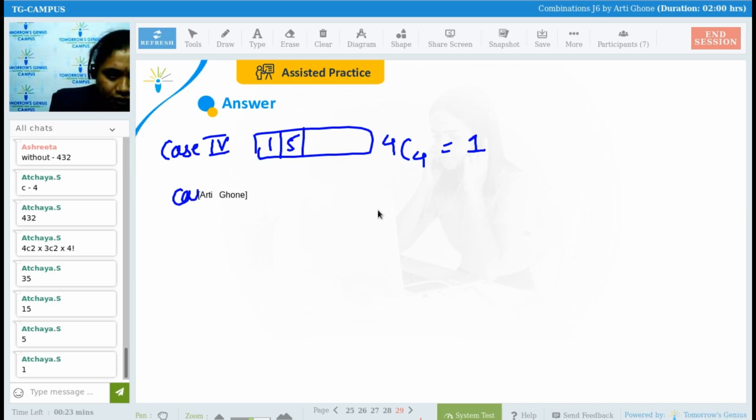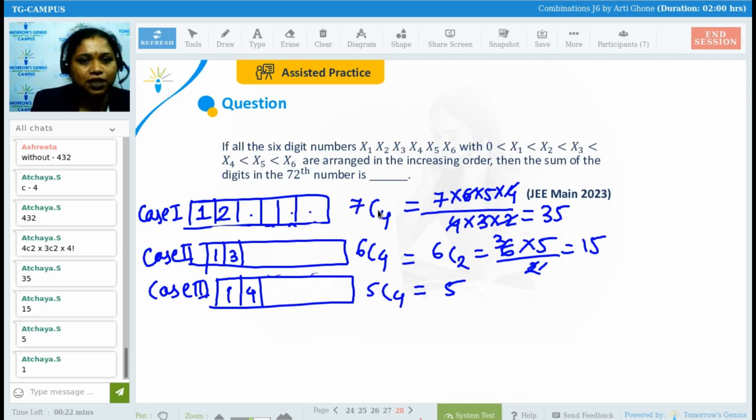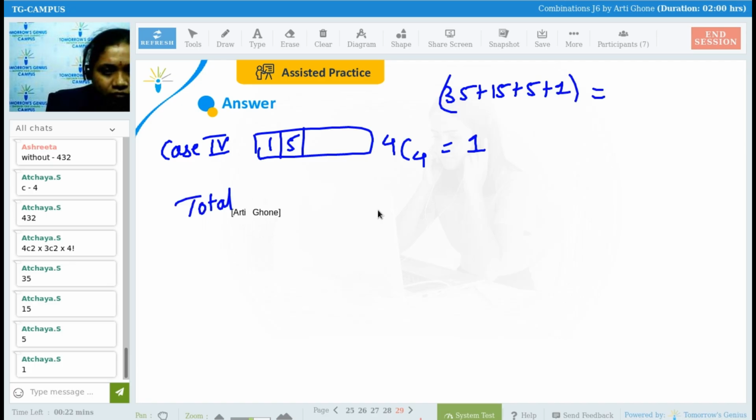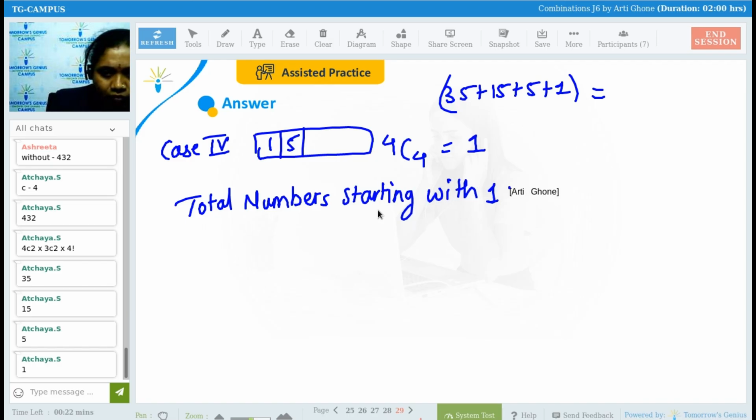Now case 5. So first thing, how many numbers are covered? See, I'm just taking the ranks first. So 35 plus 15 plus 5 plus 1. So how many total numbers starting with 1 we got?